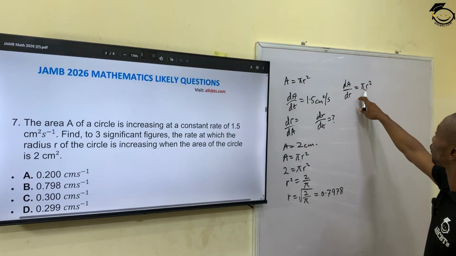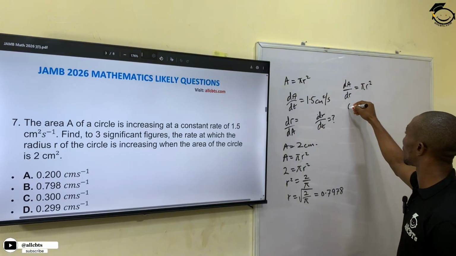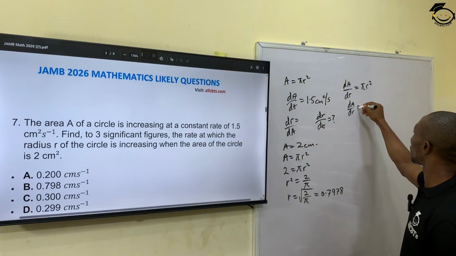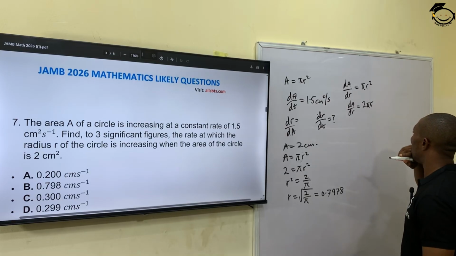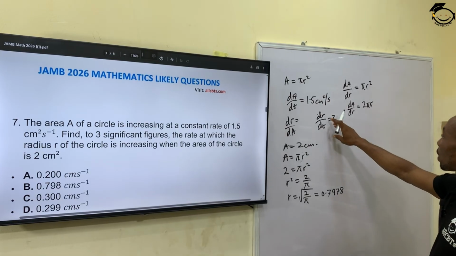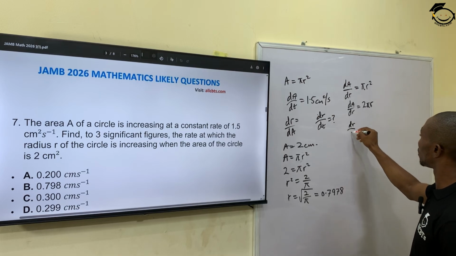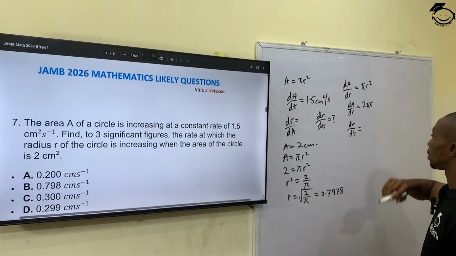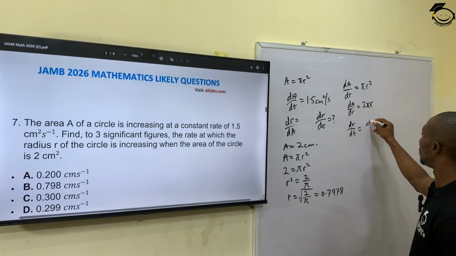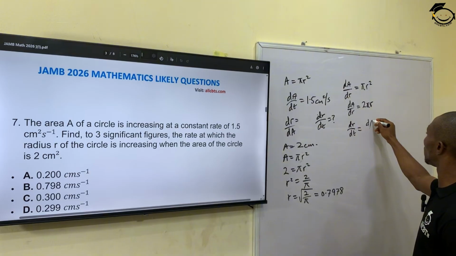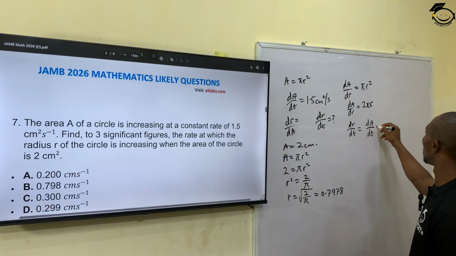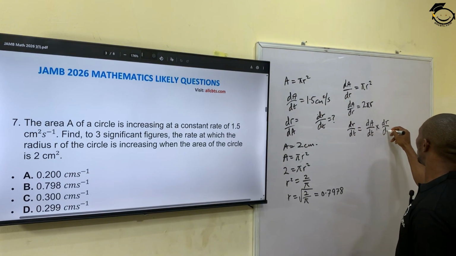If we differentiate, dA over dr will give us 2 pi r. For us to have dr over dt, this will be dA over dt times dr over dA.